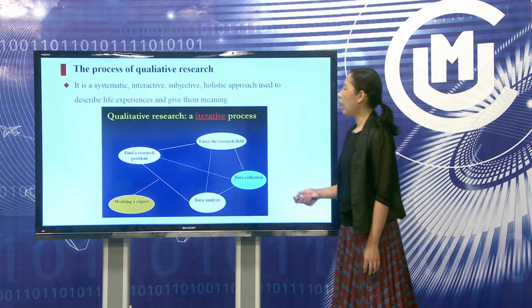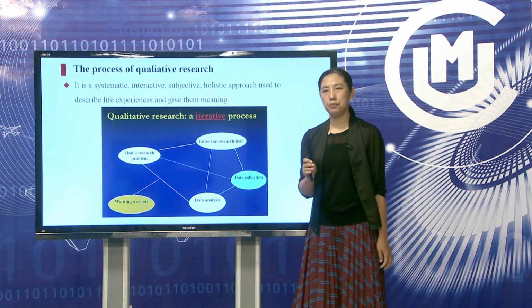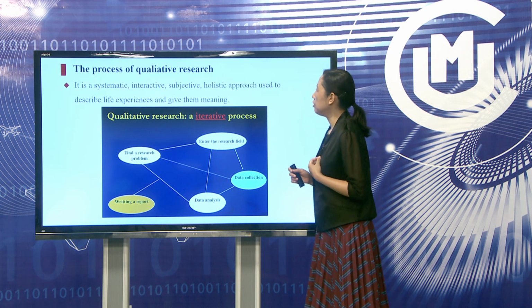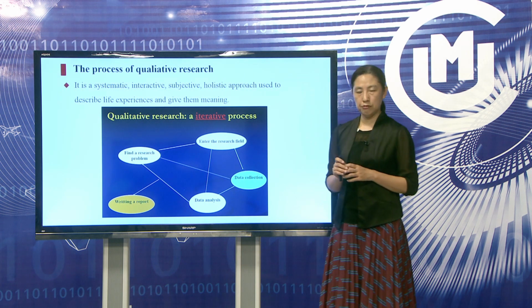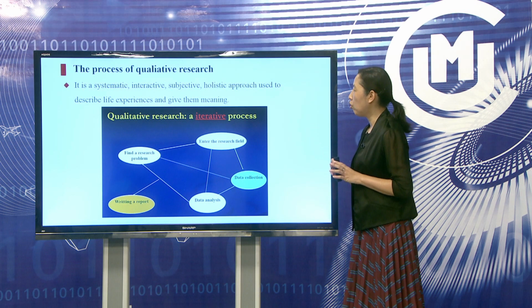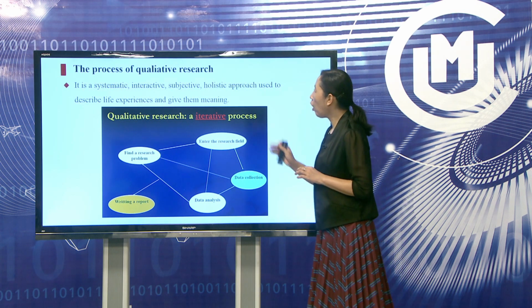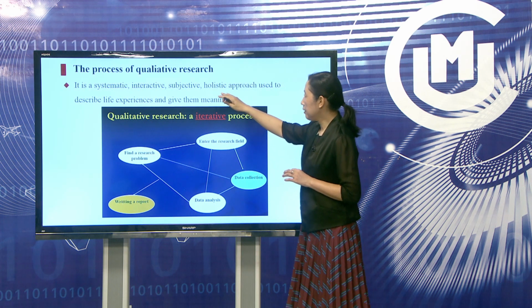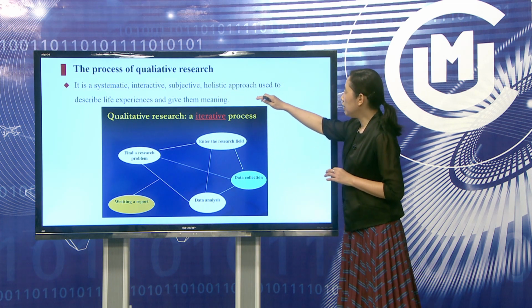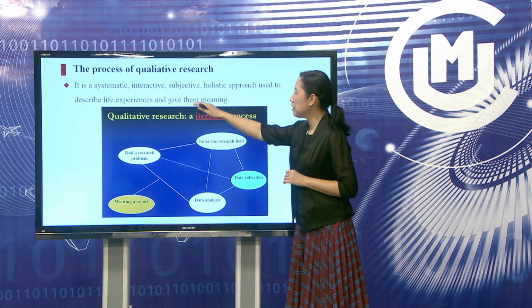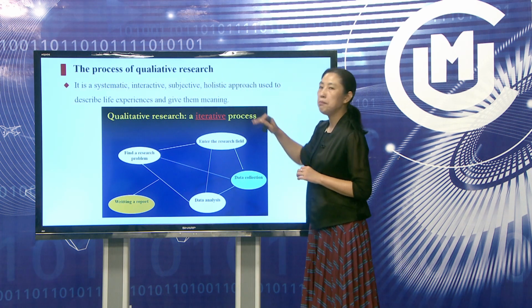And also, I want to mention a little bit about qualitative research. Qualitative research is different from the quantitative research which I have mentioned before. Qualitative research is a systematic, interactive, subjective, holistic approach used to describe life experience and give them meaning.